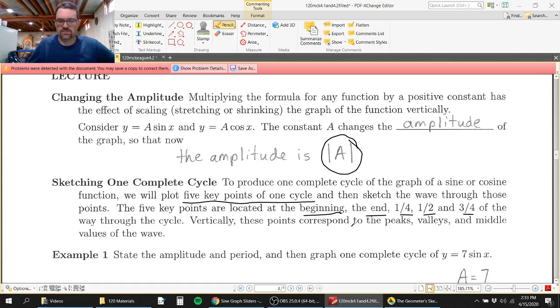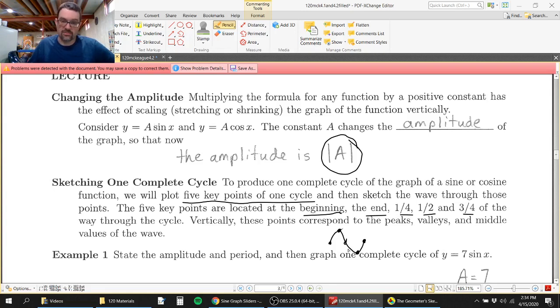We use those because those correspond to the peaks and the valleys and the spots where it crosses the horizontal center line of the graph. So if this is our wave, we're talking about this point, this one, this one, this one. And if we know where those are, you can then just put that sine wave shape through those key spots.